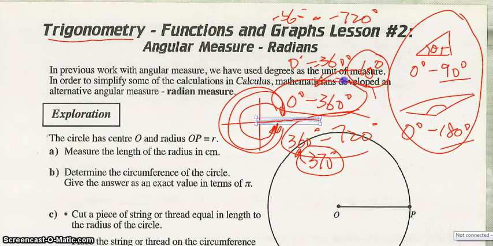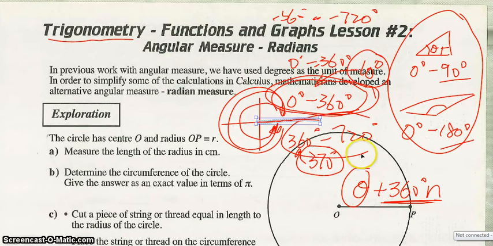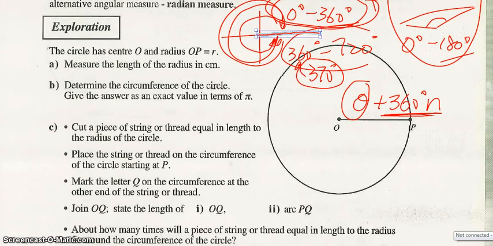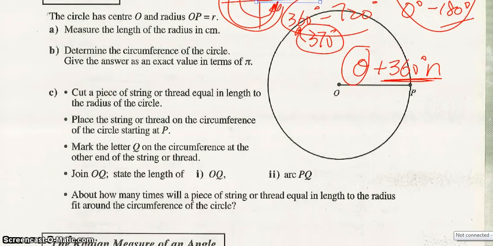You just need to know what's happening in one cycle, and then the rest just keep going. So we write a notation: whatever angle, plus 360 degrees times n. This way it covers all the others in other cycles. You just need to know the first one. And in this notation, that's called the principal angle.